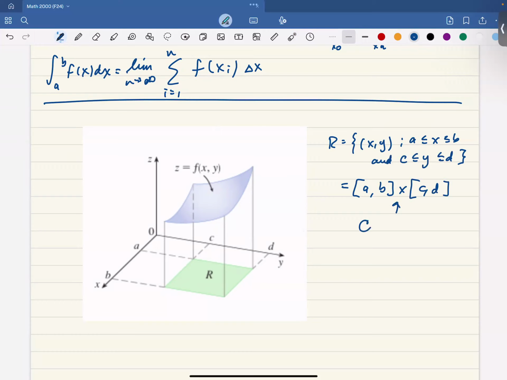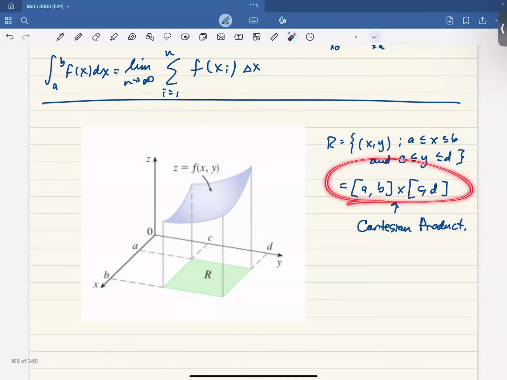That cross there is called a Cartesian product. You can look that up if you want to know more about it. But that is the notation that we'll use for the most part when we're talking about rectangles. We're going to do basically the same idea as in Calc 1, just the analog of it in higher dimensions.